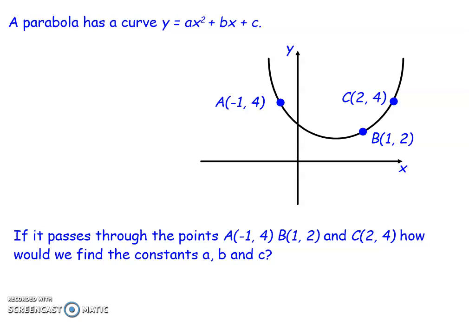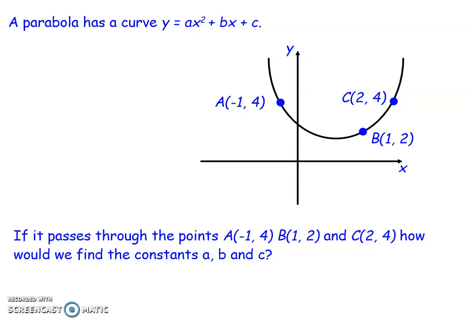Each of those points gives you an x value and the associated y value for that x. Because I've got 3 of them, that allows me to set up 3 distinct equations with 3 unknown variables, a, b and c, and I can then use these together to find a, b and c.